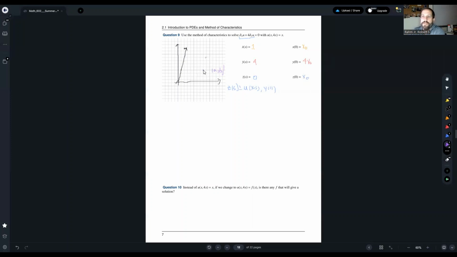So what this means is that they never intersect. So these two curves, the characteristic curves, don't intersect.